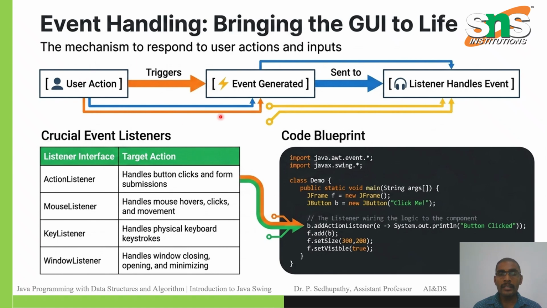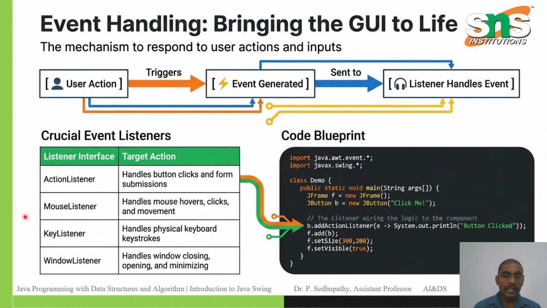Based on the user action, an event is generated. It may be a single click, double click, or text input. The generated event is sent to the listener. The listener listens for the event generation, and based on it, gets the functions from the Swing interfaces.